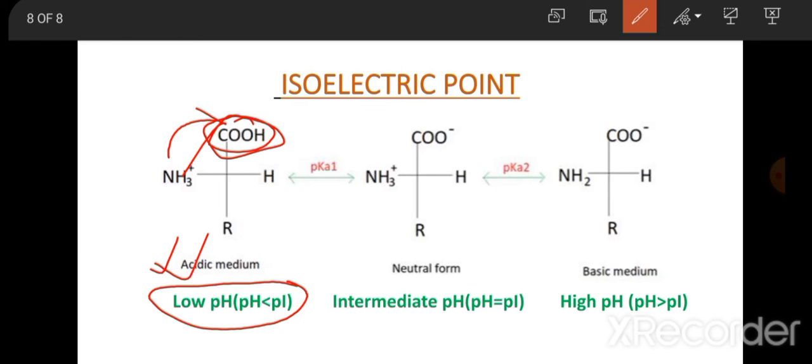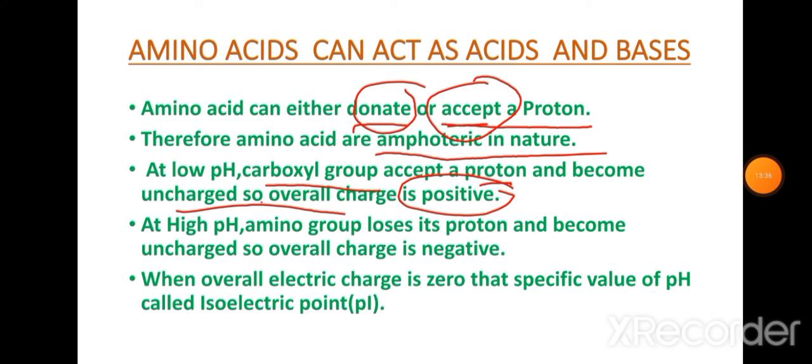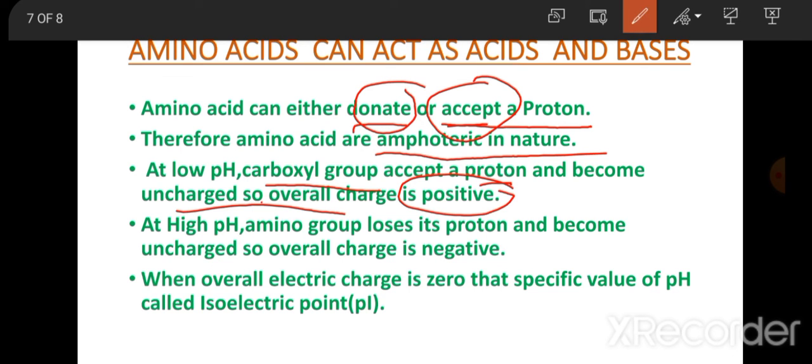That's why NH3 here is positive, because it donates a proton and becomes positive. So in low pH the carboxyl group accepts a proton and becomes uncharged, and in the other case at high pH the amino group loses its proton and becomes uncharged and the overall charge is negative.